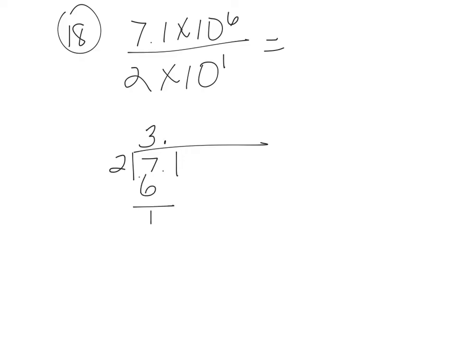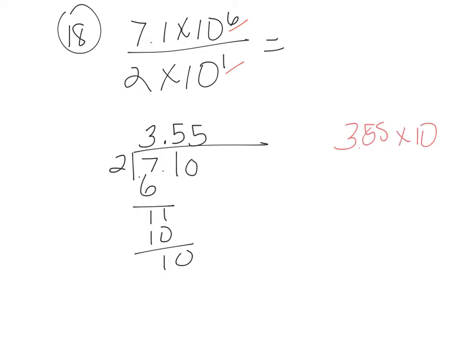Here's my decimal. Make sure I don't forget that. So my answer is 3.55. And now with dividing, we're going to subtract 6 minus 1. So my answer is 3.5 times 10 to the 5th.